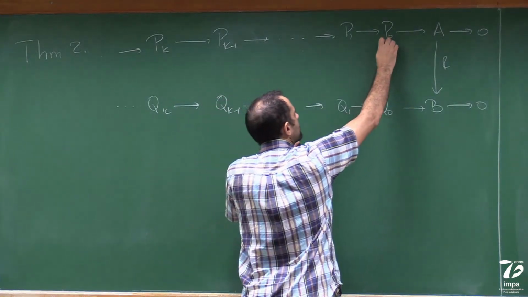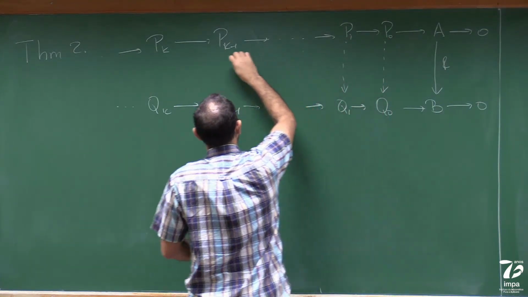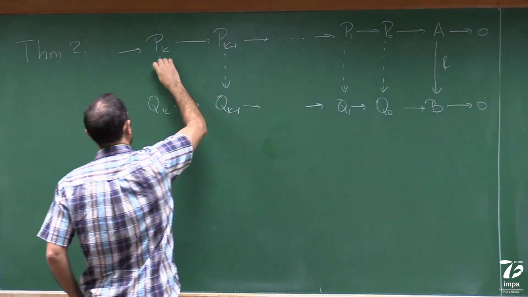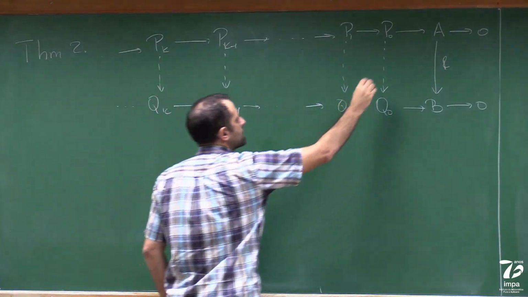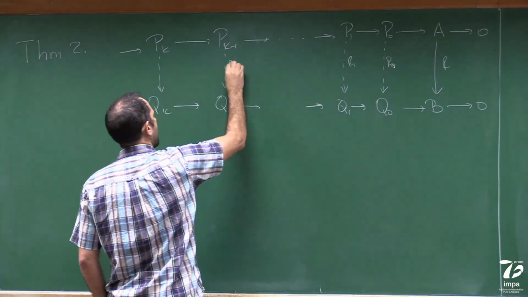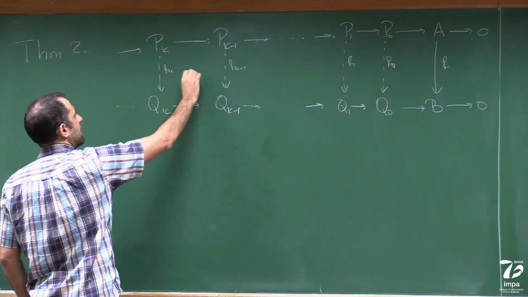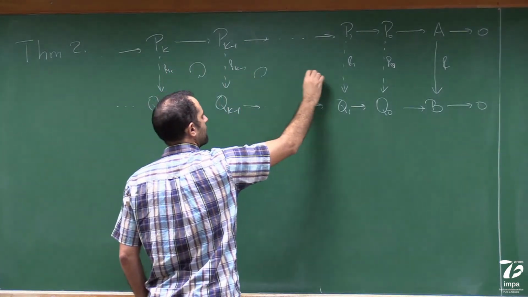Then you can lift. These guys exist: F0, F1, F2, Fk minus 1, and Fk, making these diagrams commute.